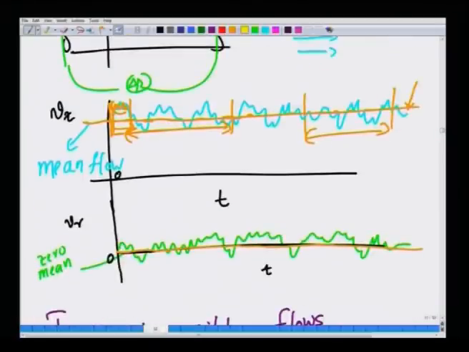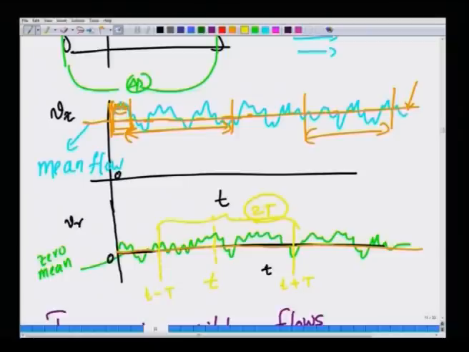I am going to take a specific value of running time t, and average from t minus T, capital T, to t plus capital T. So essentially the width or window of time over which I am averaging is 2T.